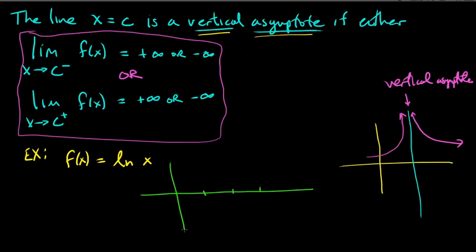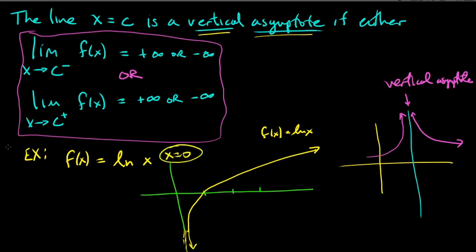Right, so the graph of natural log, if you remember, looks like this. Right. And it just keeps going down, and it approaches the line x equals 0. Right? So for the natural log function, x equals 0 is a vertical asymptote.